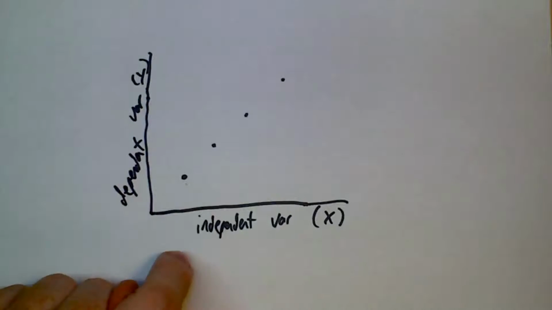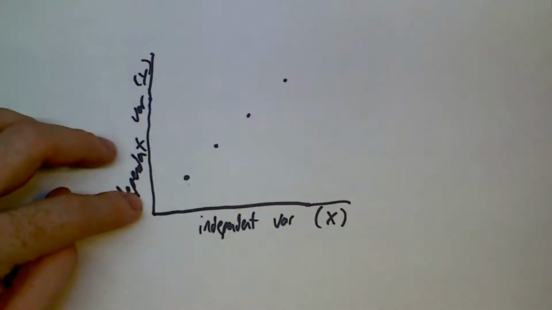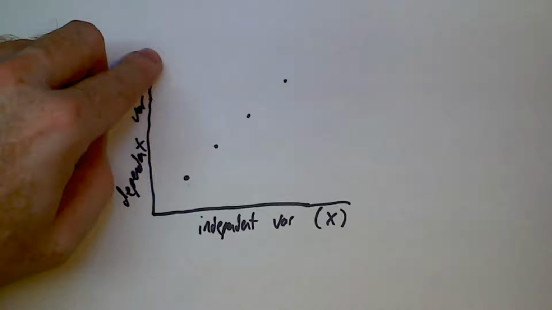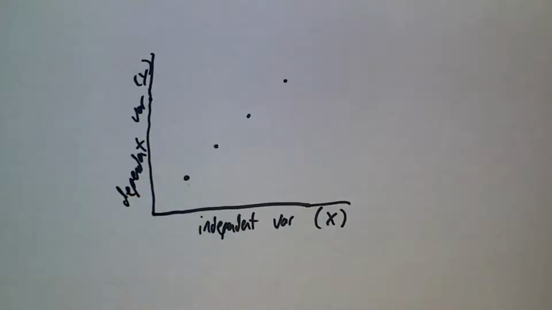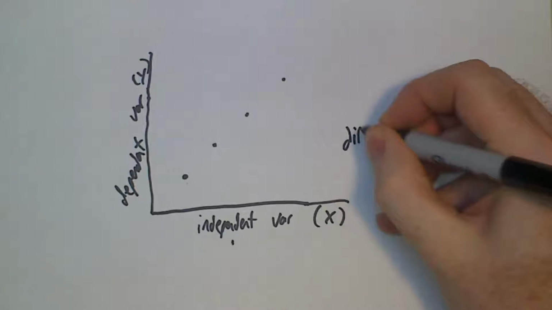You can see that as this variable goes up, which is this way on the x-axis, the other variable also goes up, which is up on the y-axis. And so the relationship between the independent variable and the dependent variable for this particular experiment is what we call a direct relationship.